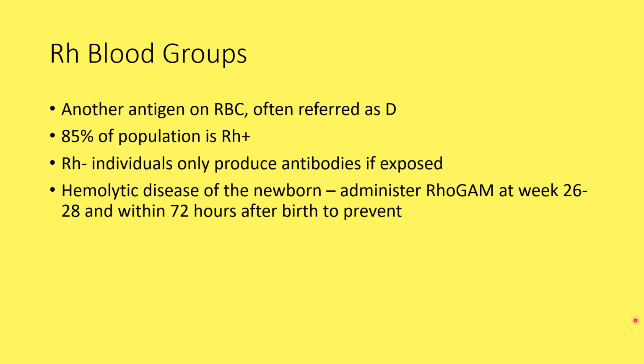And usually right after birth, usually within 24 hours, they can go as much as 72, but they try to administer another shot of RhoGAM as soon as possible after birth to try to prevent, once again, the mother from producing any more of these antibodies, tie them up. And certainly, if she already has had one pregnancy, they're going to watch really, really closely because chances are she's made antibodies.